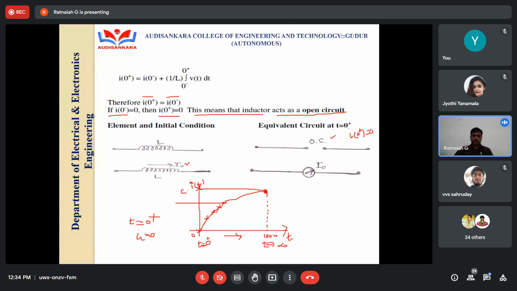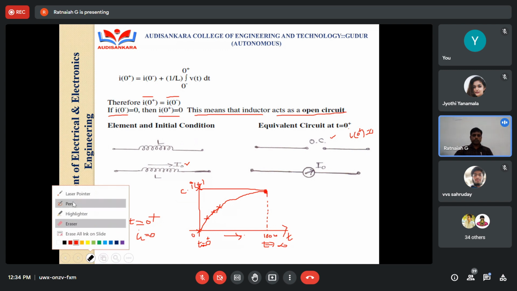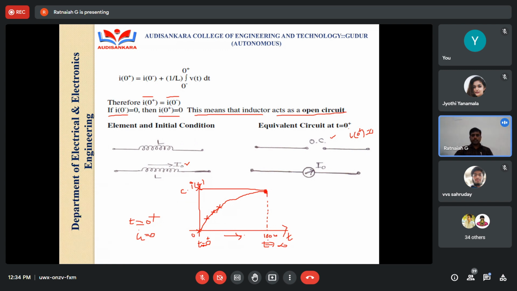The charge in the inductor keeps increasing up to a value and it becomes maximum, storing the energy at T is equal to infinity. Let us assume that. So initially the current in the inductor is 0, which means it should act as an open circuit. That means initially it acts as an open circuit.